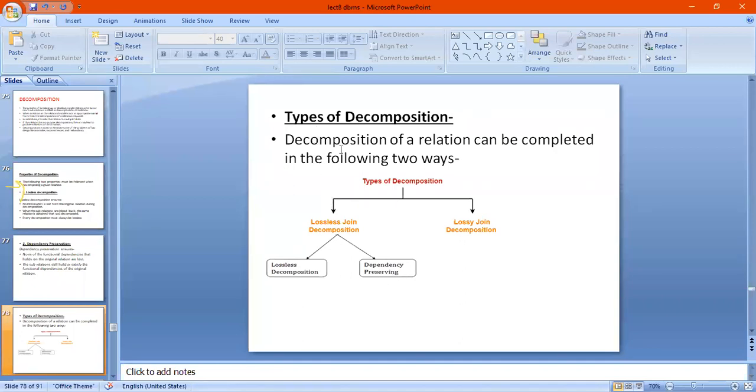So decomposition of a relation can be done in the following ways: the type of decomposition is divided into lossless join decomposition and lossy join decomposition, and the lossless join decomposition is again subdivided into two.